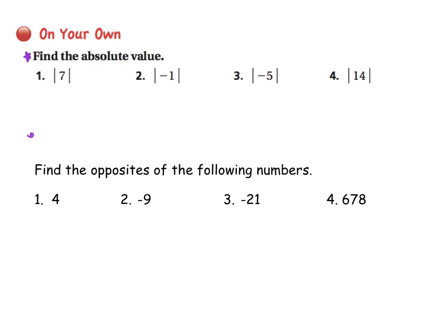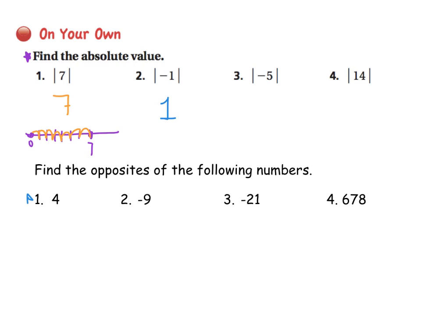So here's 0. 1, 2, 3, 4, 5, 6. Here it would be 7. It'd be 1, 2, 3, 4, 5, 6, 7 hops. So the absolute value of 7 is 7. I know -1 is 1 from 0. The absolute value of -1 is 1.